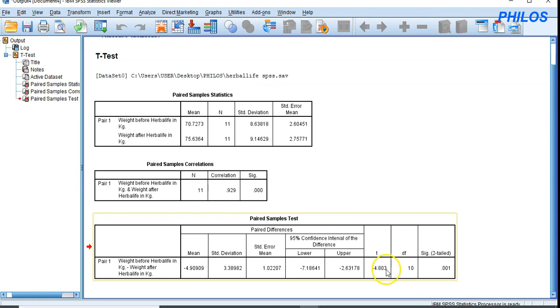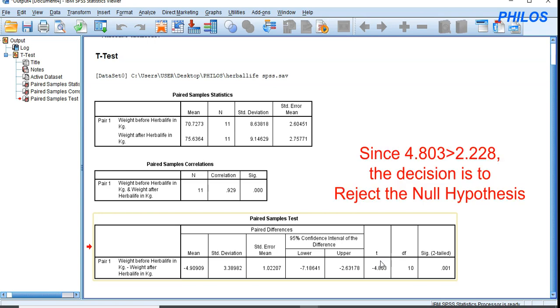Now, when you look at it, you see that the test statistic of 4.803 is greater than the critical value of 2.228. So since the test statistic of 4.803 is greater than the critical value of 2.228, then the decision is to reject the null hypothesis.